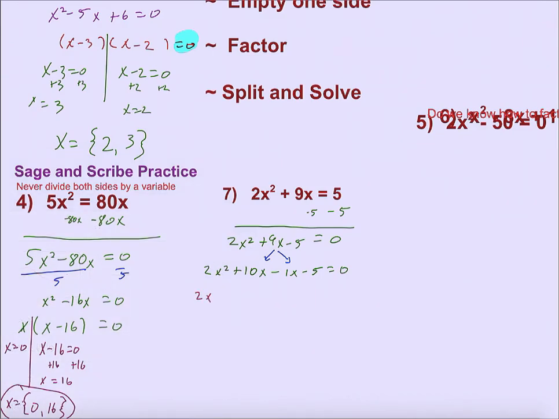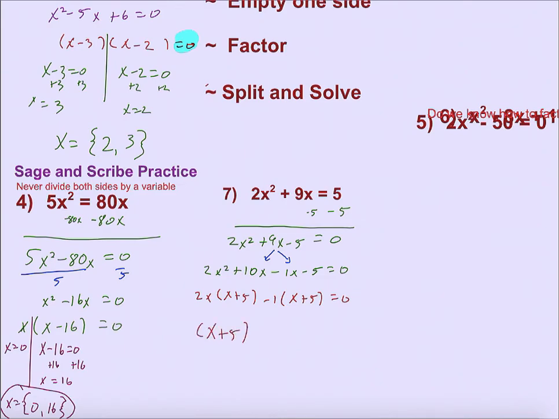I'll pull out the 2x from the first grouping. And because I want the lead term in every binomial to be positive, I'm going to pull out this negative also. It doesn't look like there's a GCF in negative 1x minus 5, but I can pull out a negative so that I change the sign. That way I have x plus 5 in both.